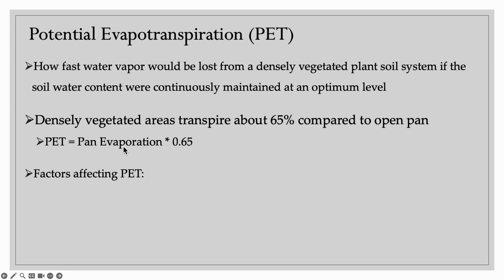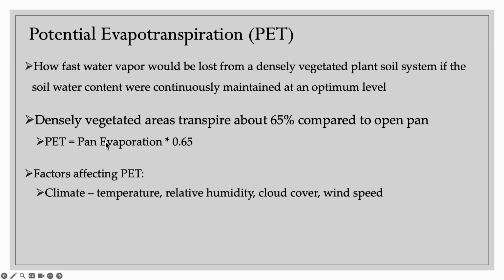Plenty of research has shown that densely vegetated areas transpire about 65% compared to an open pan. So think about how much water actually moves through a plant versus how much water would be evaporated from a pan. We'll see this evaporation pan in the next slide. But that potential evaporation is going to be about 65% of what we would normally expect from an open pan.